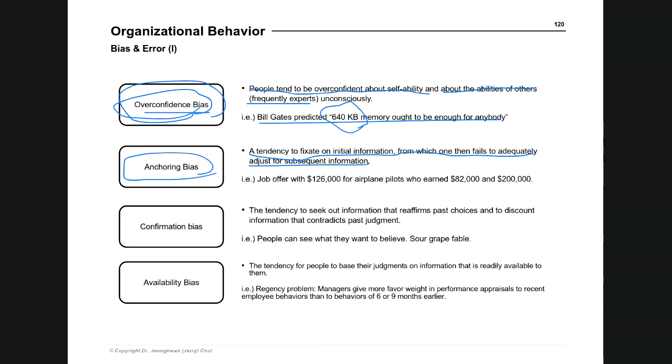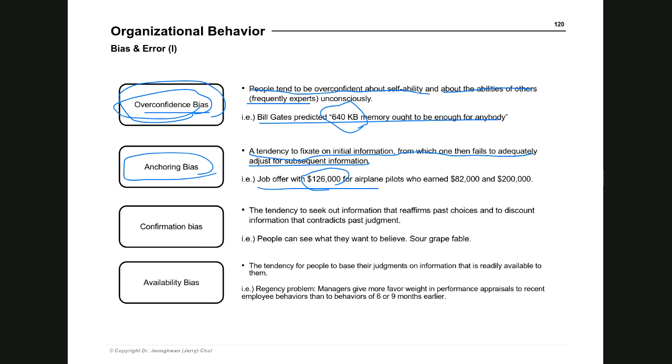This kind of thing can be more easily understood with an example. Now, just imagine there is an airline pilot, a pilot who drives an airplane.